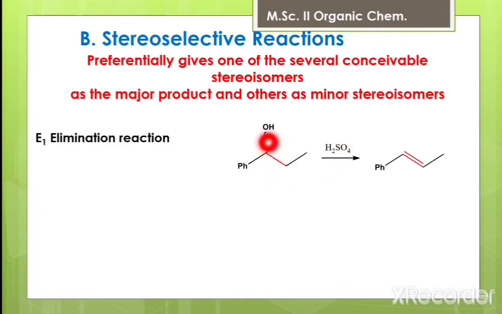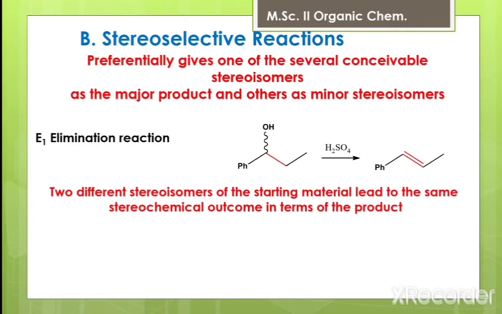Then removal of the water molecule gives the carbocation, and then loss of H plus gives the olefin, that means this double bond. Here, two different stereoisomers of the starting material lead to the same stereochemical outcome in terms of the product.